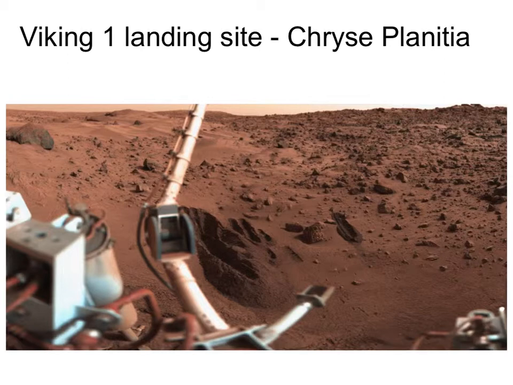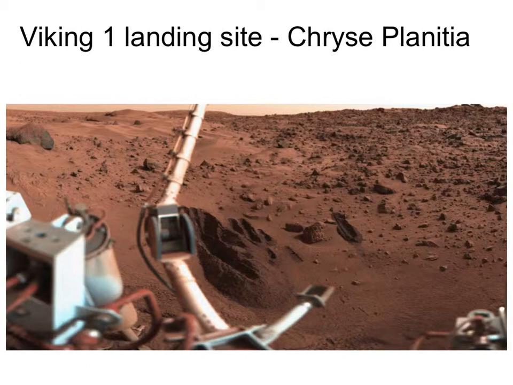Here's the Viking 1 landing site, the first successful landing of a U.S. probe on Mars. The Soviets actually landed a probe in the same launch window as Viking 1, but it only functioned for a few minutes before failing.